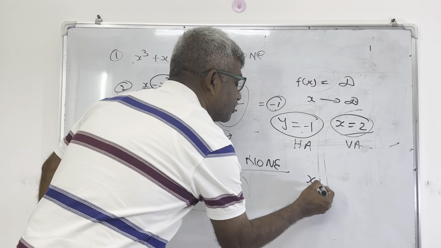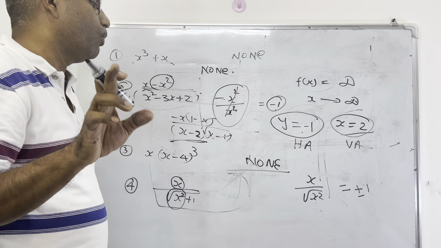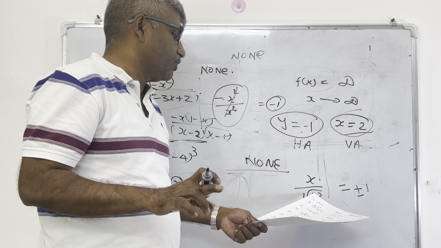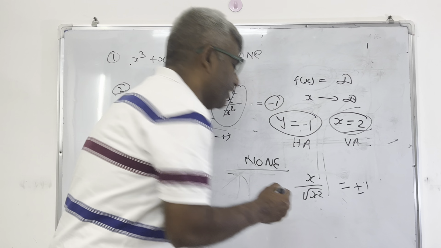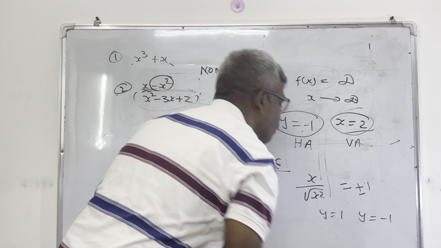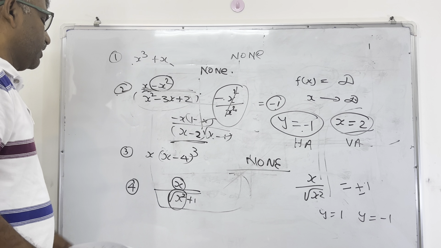So x over square root of x squared is nothing but the same x over x only. But here, plus or minus 1. If it is x over x, it is only 1. If it is under square root x squared, it means y equal to plus 1, y equal to minus 1. Note it down for this case.